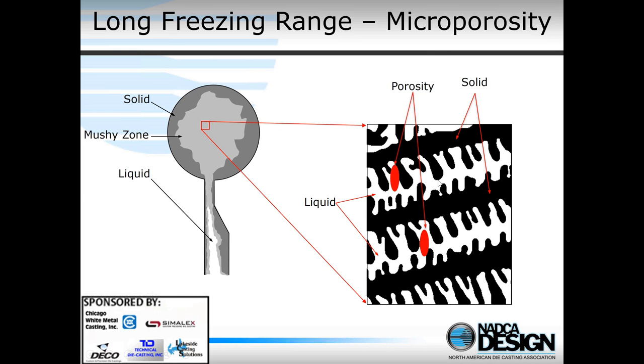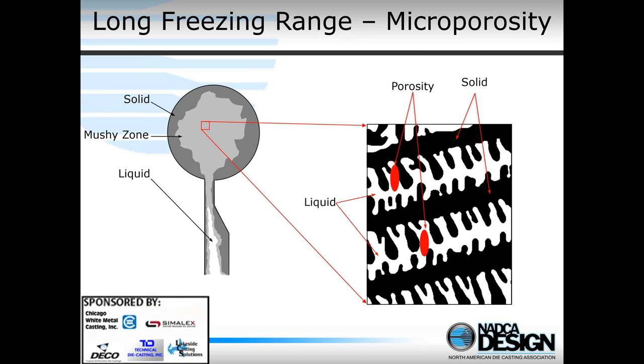So again, if we blow up that area, we can see we get this solid plus liquid mushy zone. And in this case, when a shrinkage pore forms, then there's basically no liquid to feed it. So as we're solidifying, the pore forms, there's no way to feed it, and it will just stay there.